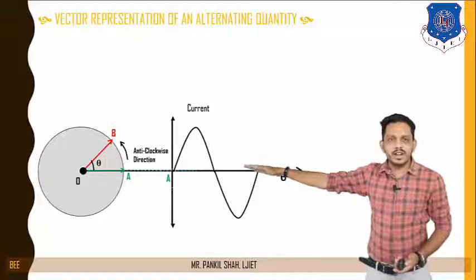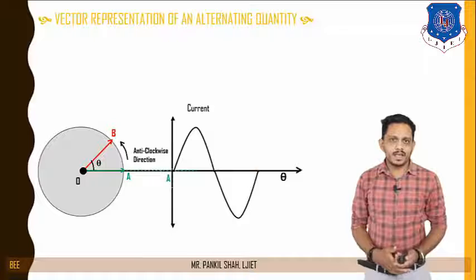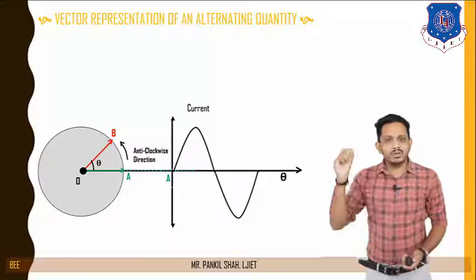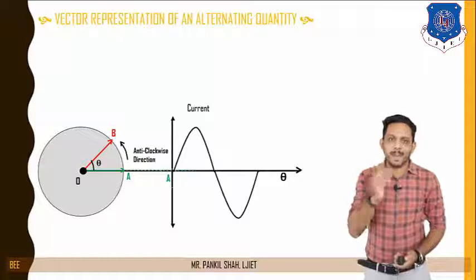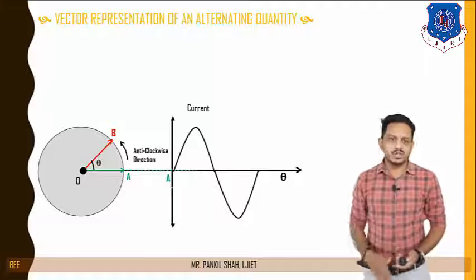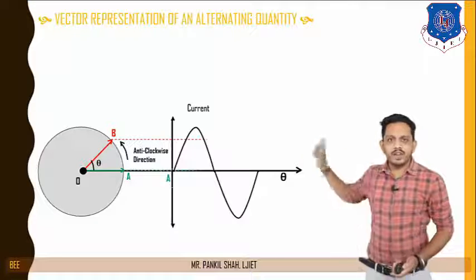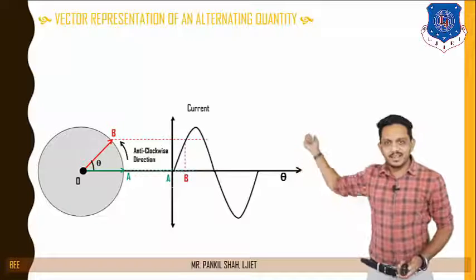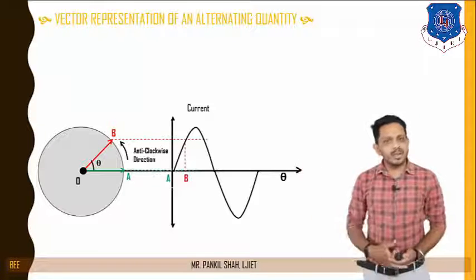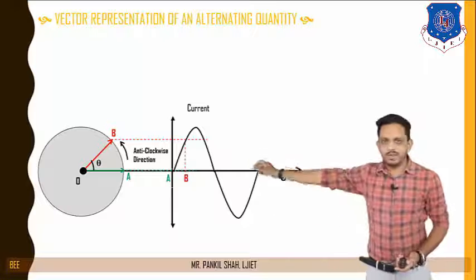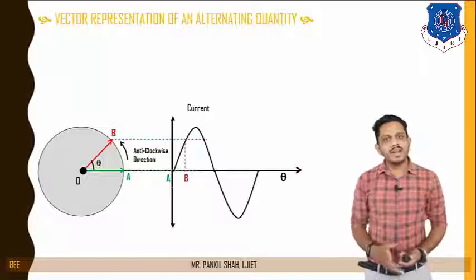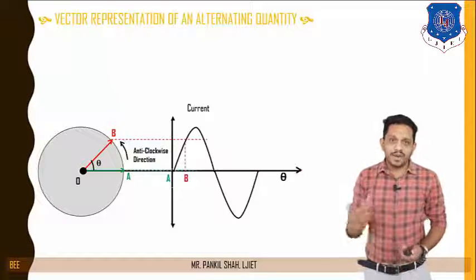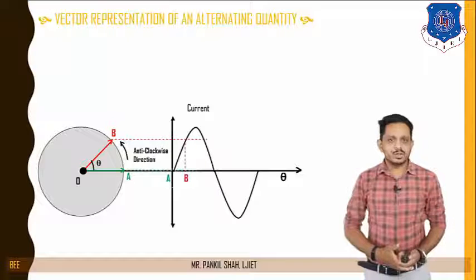The coil has rotated by this angle theta and the point is B. So this OB vector represents the magnitude of current at this position. In the waveform, if we compare this point B, you can find the magnitude at point B from this waveform, and you can also find the magnitude from the vector in this diagram.